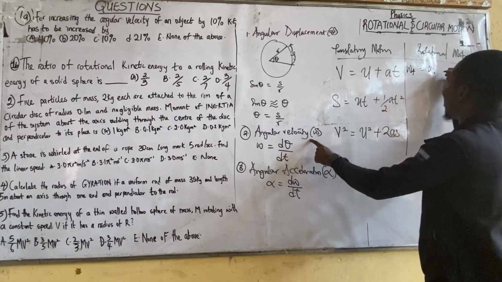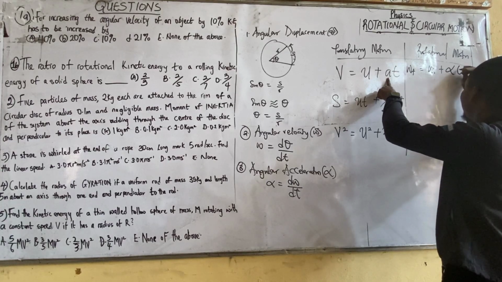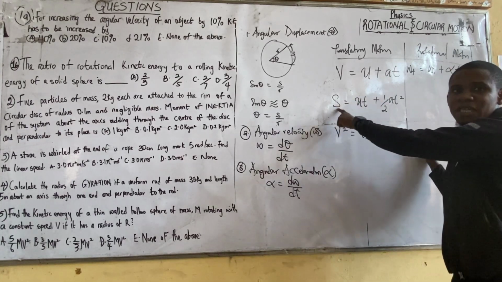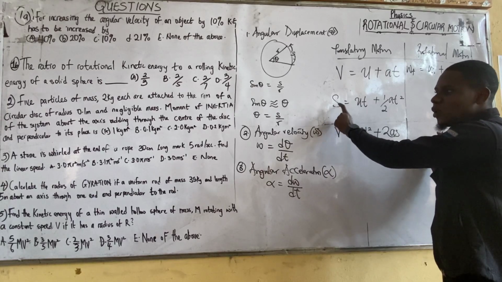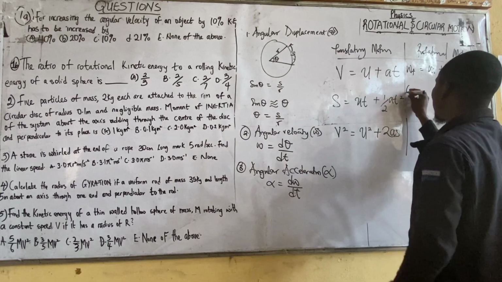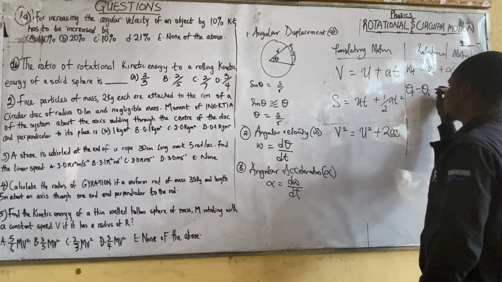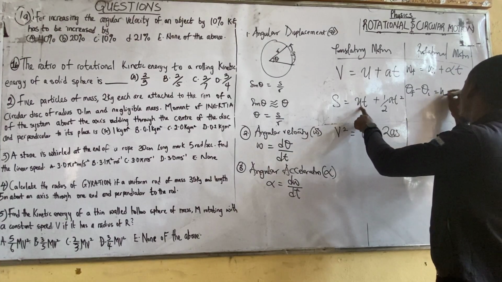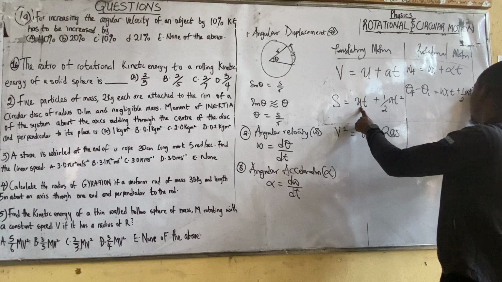equals to omega i plus the angular acceleration, alpha t. Now this is what? Change in distance. The change in distance is represented with the letter what? Angular displacement. So we are going to have the final minus the initial to be equal to what? Omega i t plus 1/2 alpha t squared.